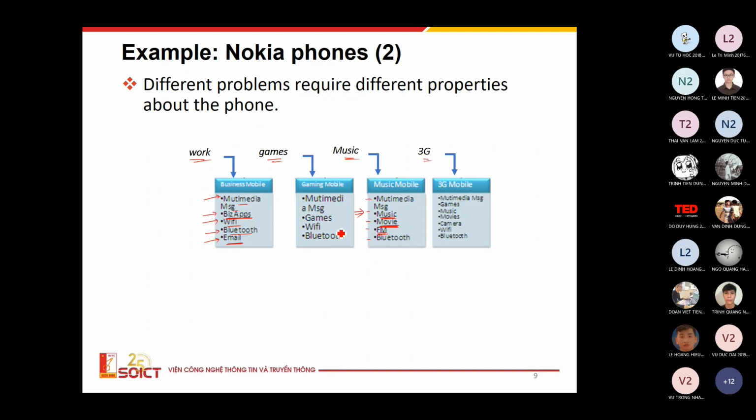So this is just a quick example to remind you that when you describe the same thing in a different problem, you can use different properties. You use the most appropriate property. Okay.